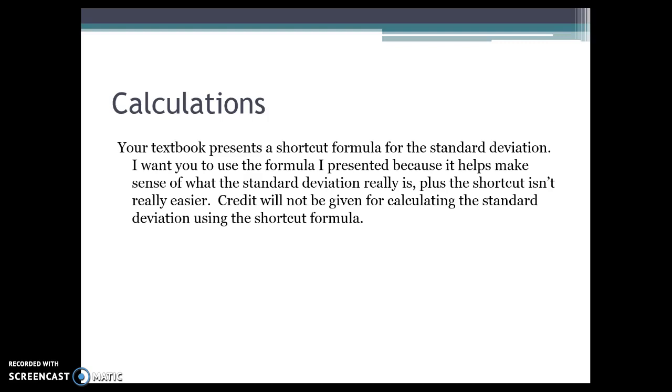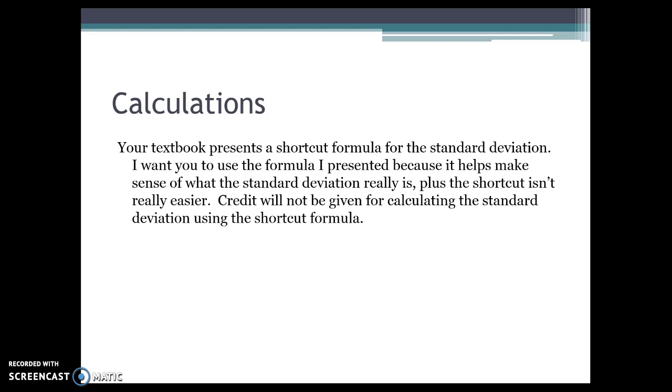So in the textbook, there's a shortcut formula for the standard deviation. I really don't want you to use it. You're welcome to learn it if you want to, but I don't think the shortcut formula really saves you much work.